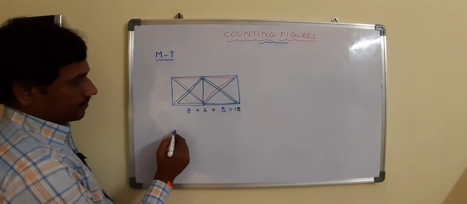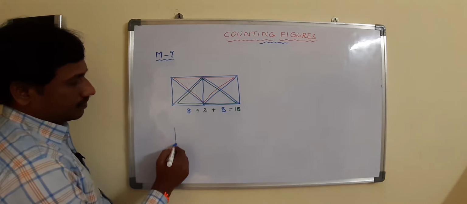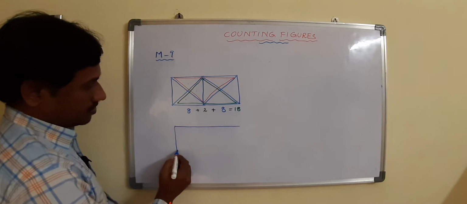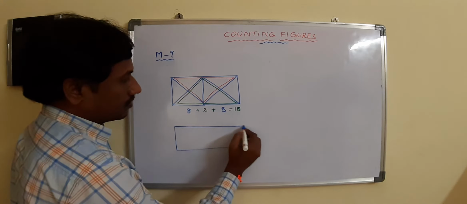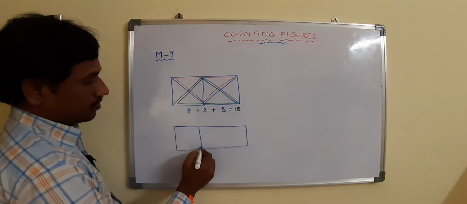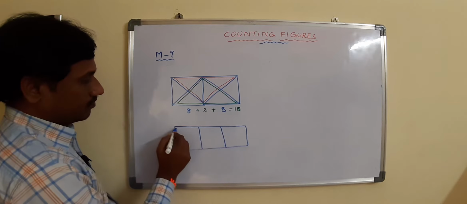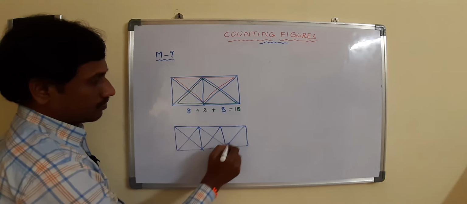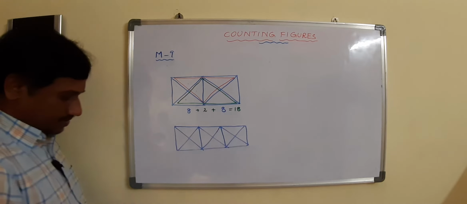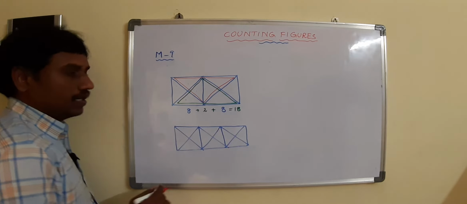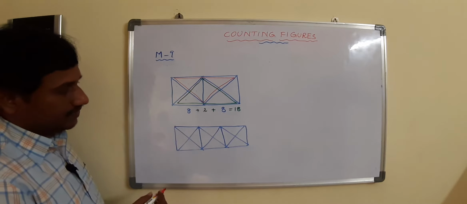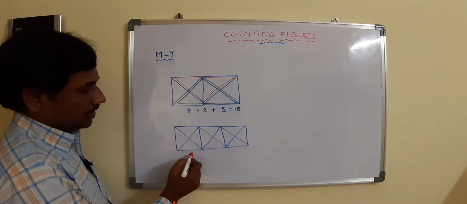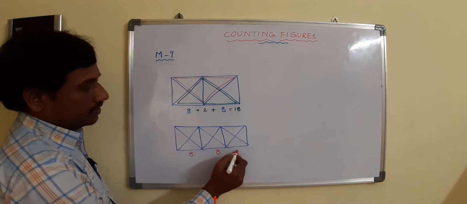Now tell me, in this, how many triangles in total do we have? We already know, because of this square 8, here 8 and here 8.